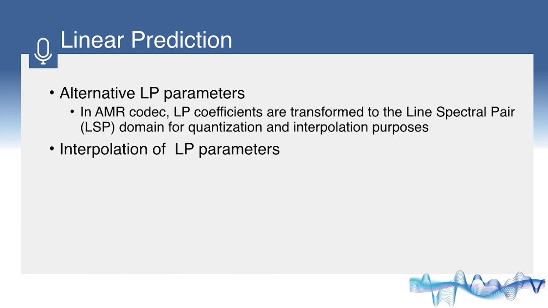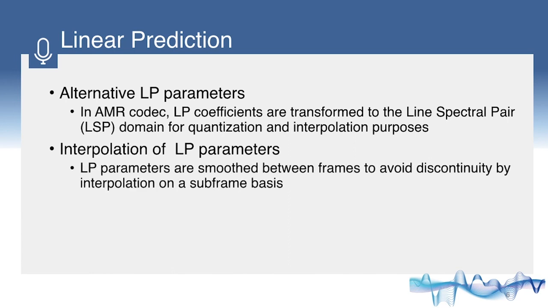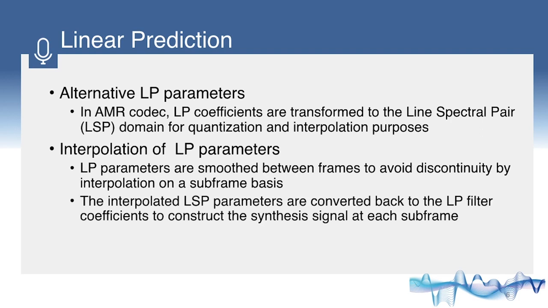LP parameters are smoothed between frames to avoid discontinuity by interpolation on the subframe basis. The interpolated LSP parameters are converted back to the LP filter coefficients to construct the synthesis signal at each subframe.